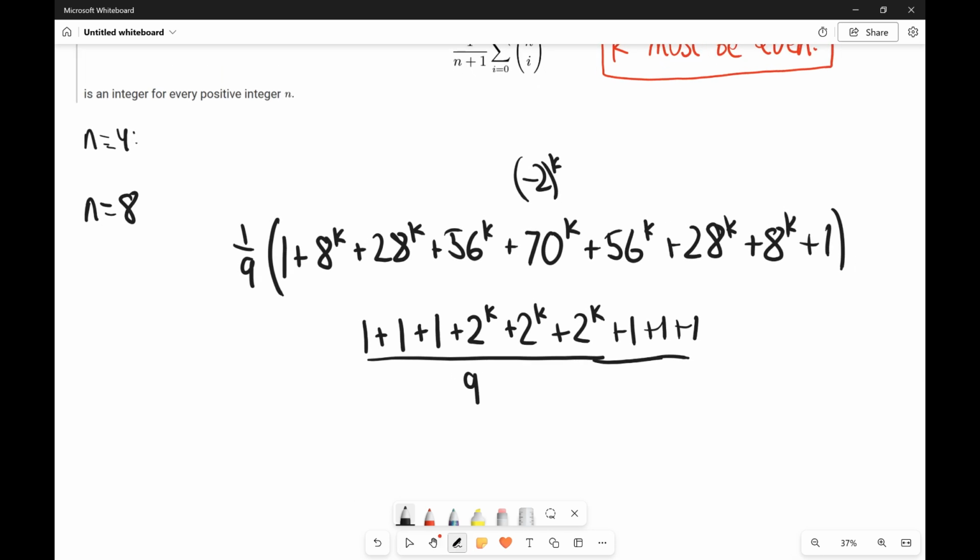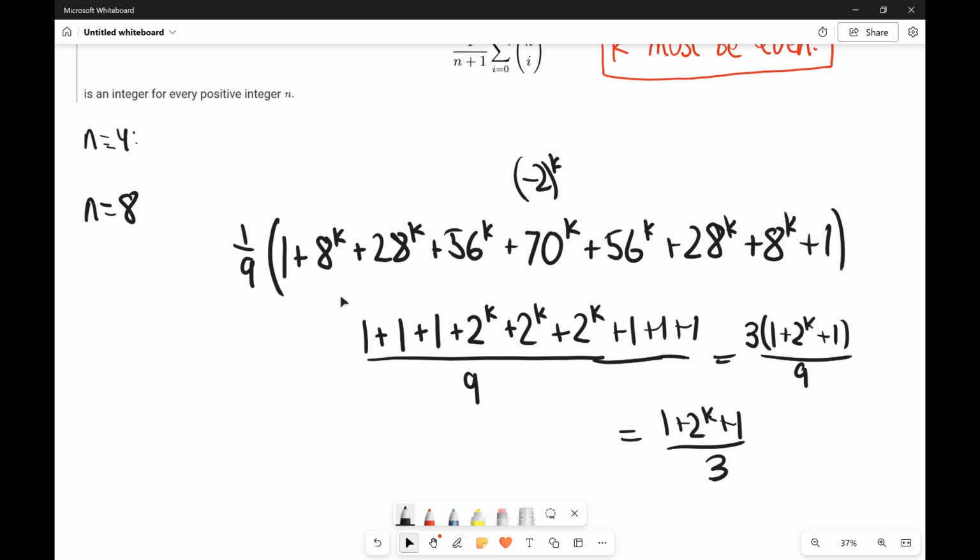And what we find here is that we have a bunch of chunks, and whenever we group the chunks together, we get 3 times 1 plus 2 to the k plus 1 over 9, which is 1 plus 2 to the k plus 1 over 3. And we already dealt with that case, and that means that k is even. And that k even works whenever n equals 8.